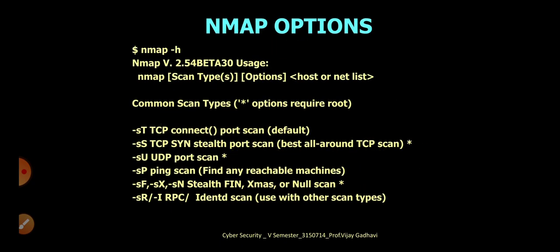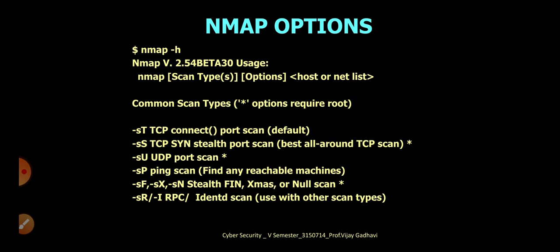NMAP options are there. Here, nmap -h, the NMAP version 2.54 beta 30 is used. A scan for a particular host and connected net list. Common scan types are the options that require root.